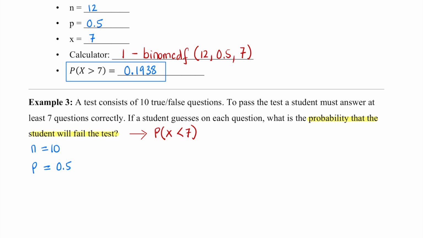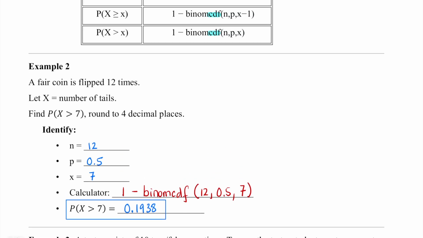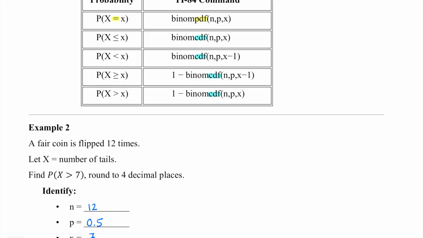Now, let's look at our calculator table. We want to find the probability that x is less than a number. In this case, the number is 7. We use this command, binomcdf of n, p, x minus 1.